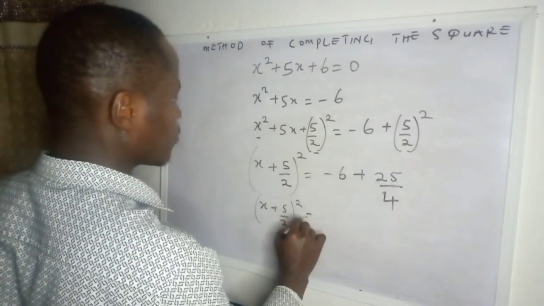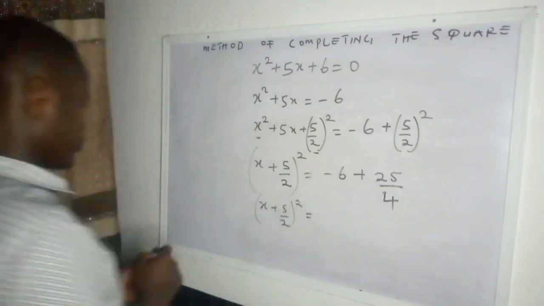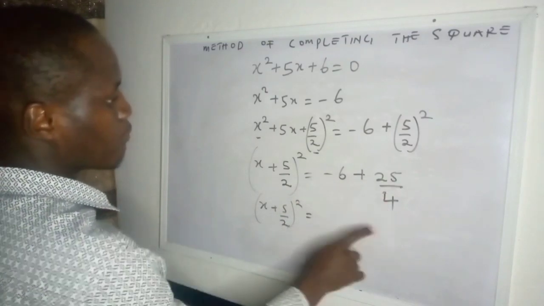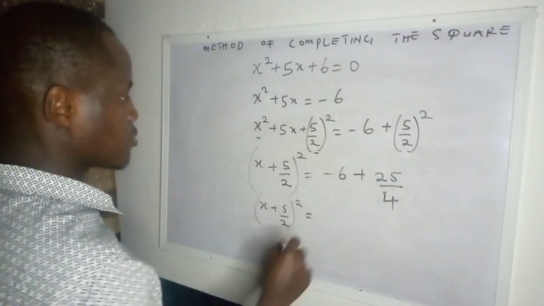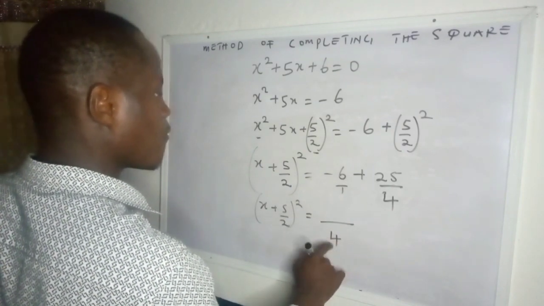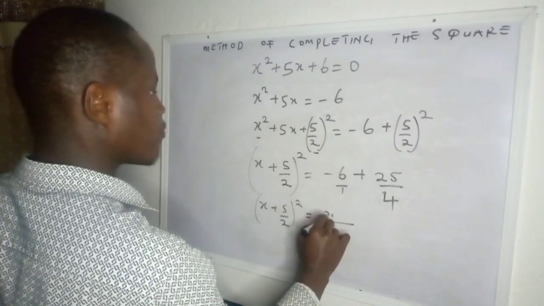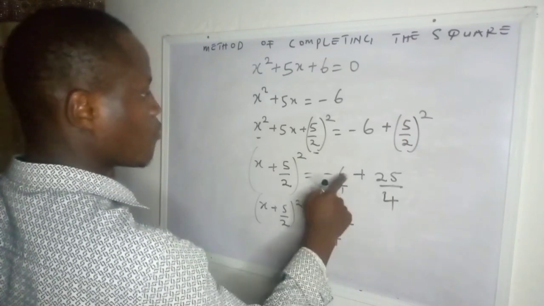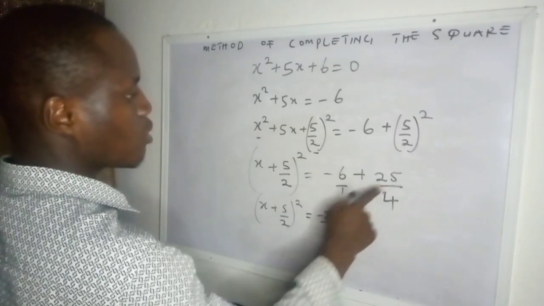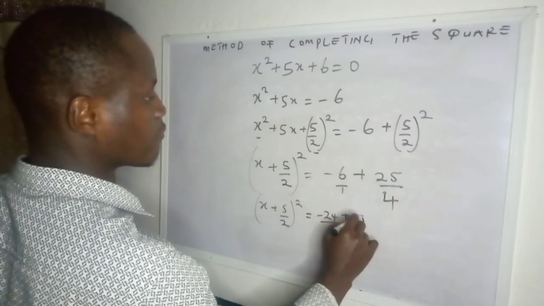Okay, so minus 6 plus 25 over 4 gives us, putting minus 6 over 1, 4 times minus 6 is minus 24, plus 1 times 25 is 25.